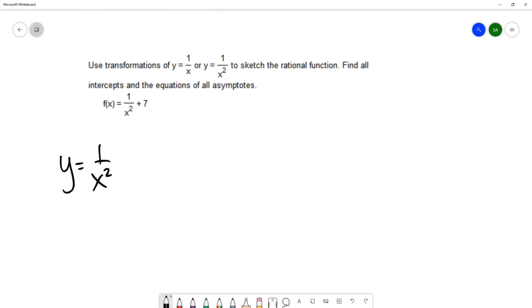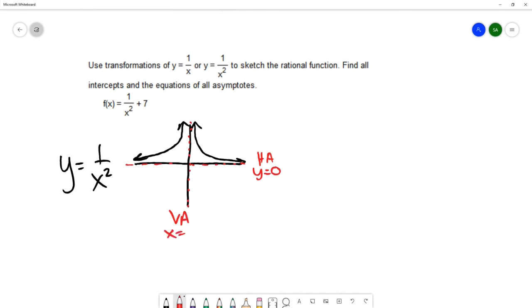So we should know what that graph looks like. 1 over x squared is a graph that looks like this. And what we know about this is that the original graph has a horizontal asymptote at y equals 0 and a vertical asymptote at x equals 0. Now we have in our function just one transformation.